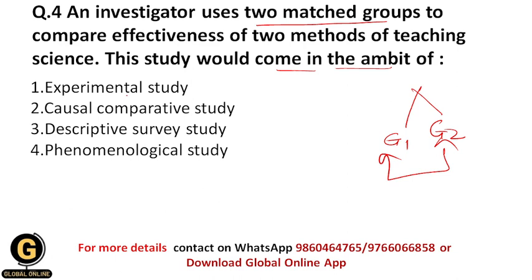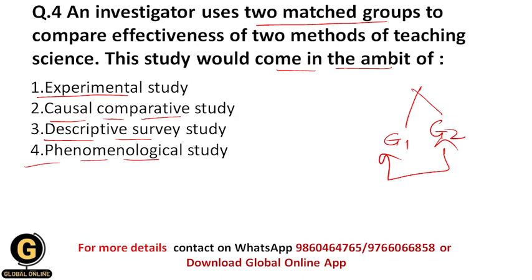So whether it is experimental study, causal comparative study, descriptive survey study, or phenomenological study, as here there are two groups, and these two groups are matched groups, and as well we are going to compare these groups. Because of that we are going to assess the effectiveness of two methods of teaching science.